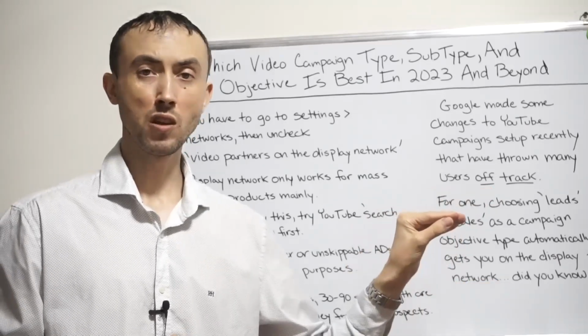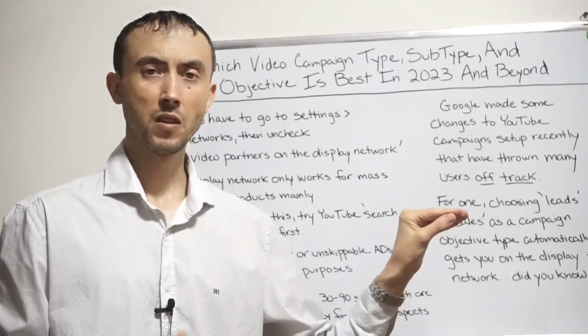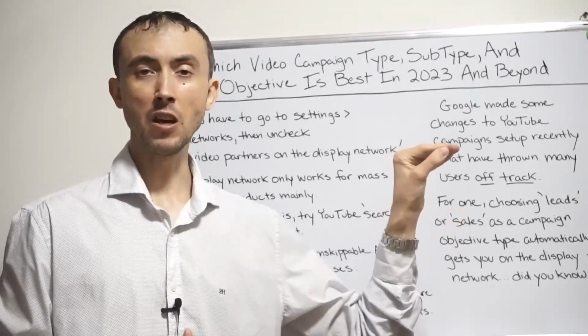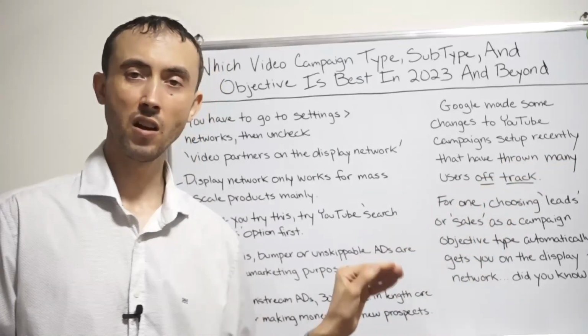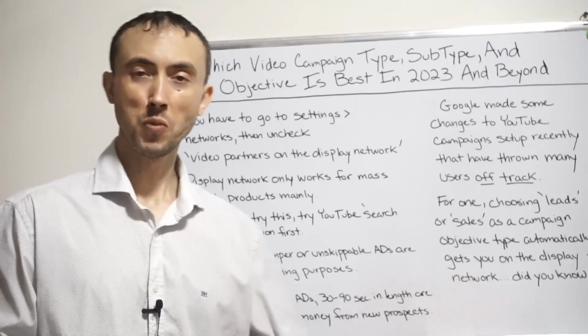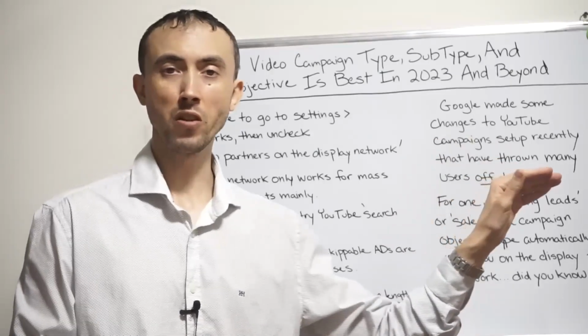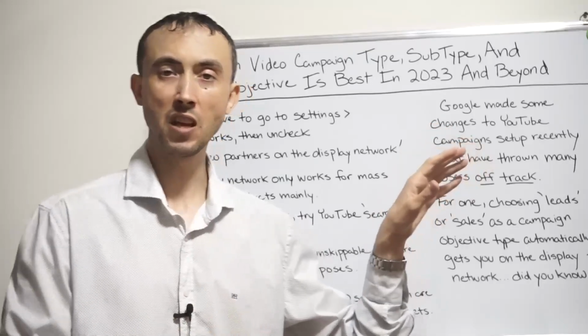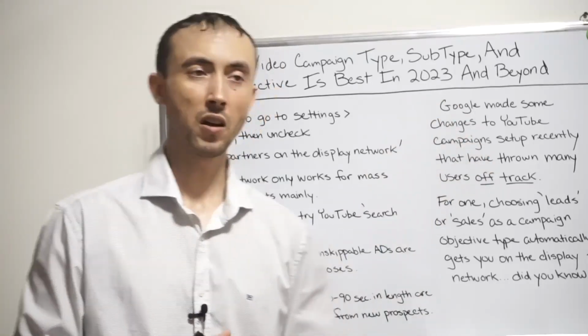YouTube videos is checked by default. And so with that, you get to decide if you want your video on search results as well and the display network as well. And before you do display network, like I said, the search results is generally going to work better and easier and quicker. Therefore, if you're going to do some experimentation, start with the search results first.